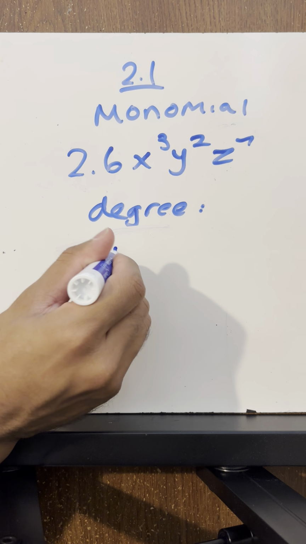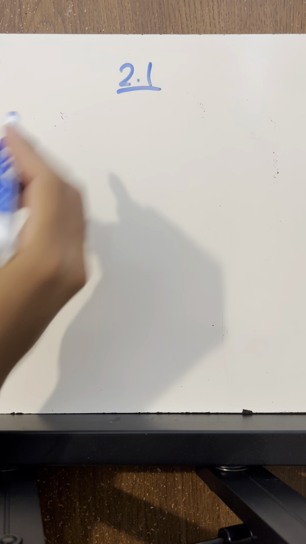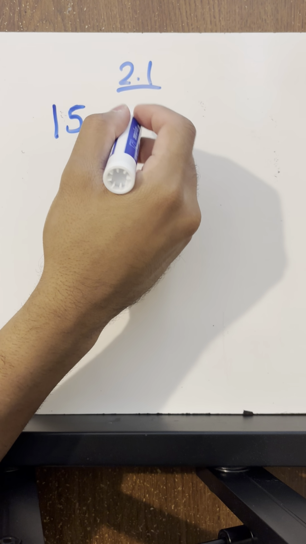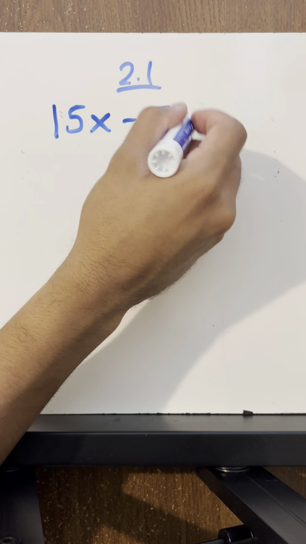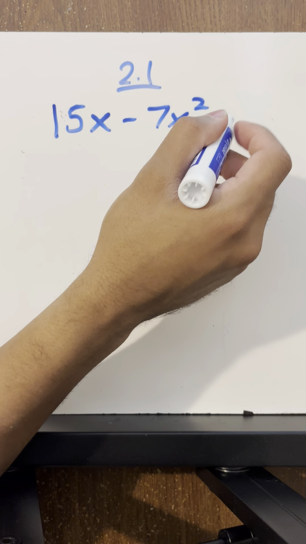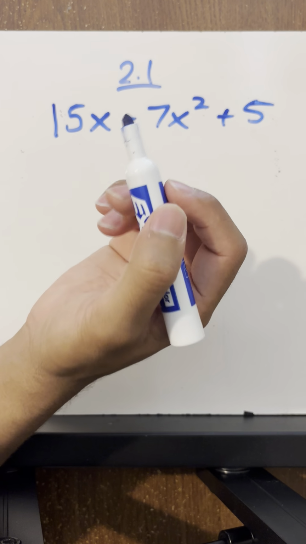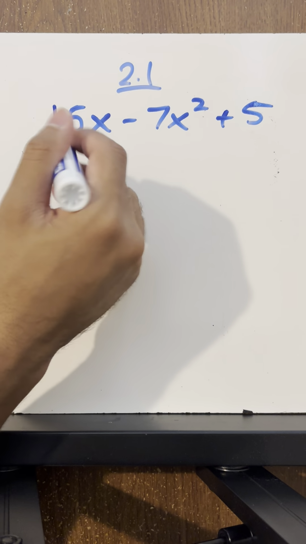Now let's take a look at the next concept, which will show us a polynomial, and we need to write that polynomial in standard form. If we had a polynomial written like this, 15x minus 7x squared plus 5, we need to write this in order of the exponents going from highest to lowest.